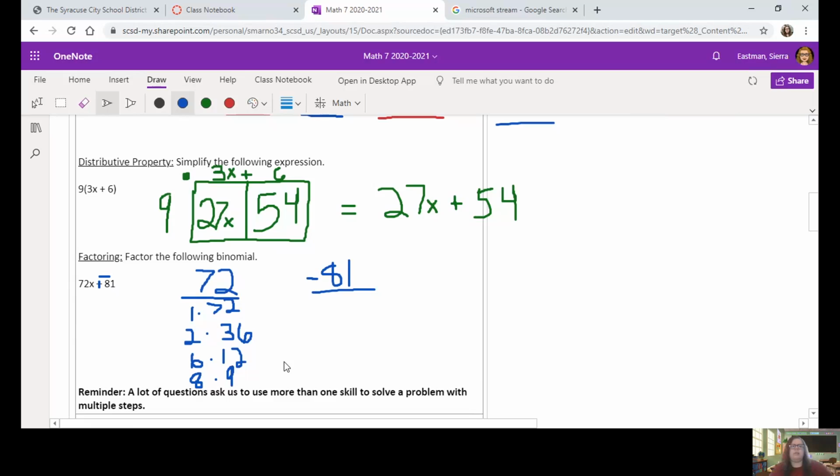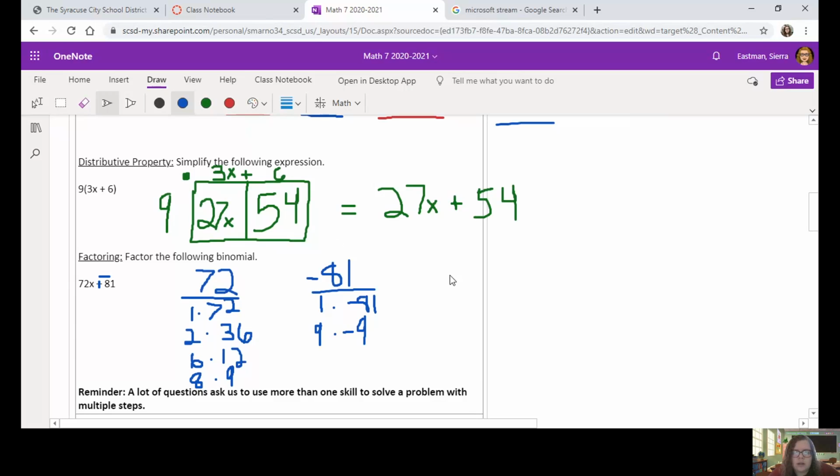And there might be a couple I'm missing there, but I think I've already got my GCF in there. We're going to see that in just a second. For 81, there's a couple that I can think of right from the start. 1 and negative 81. And then you can also think of 9 and negative 9. The reason I'm putting those negatives on is because one of the factors has to be negative so that negative 81 is created.